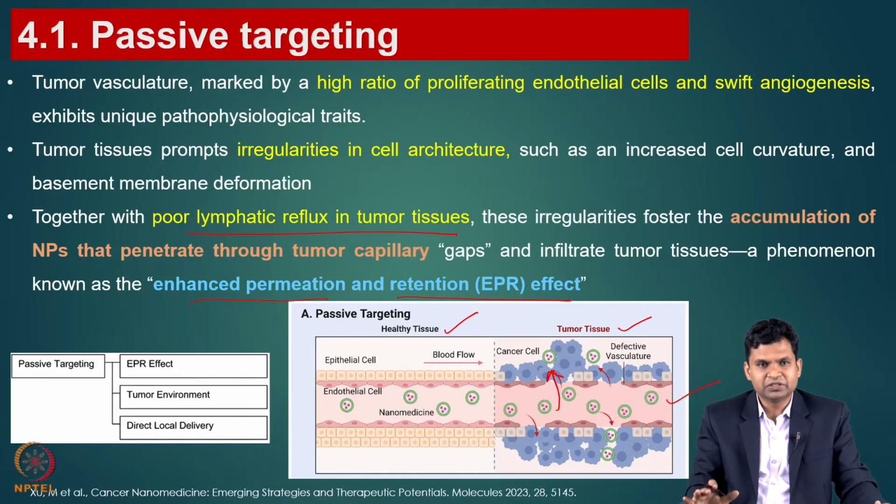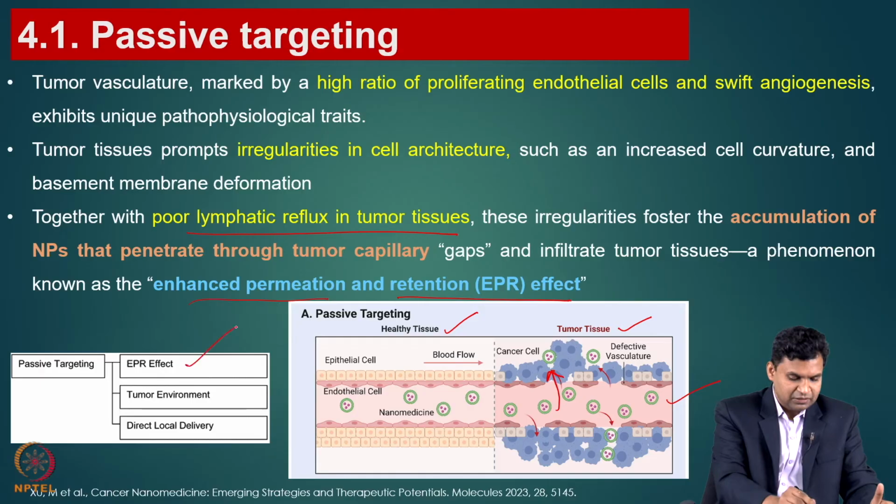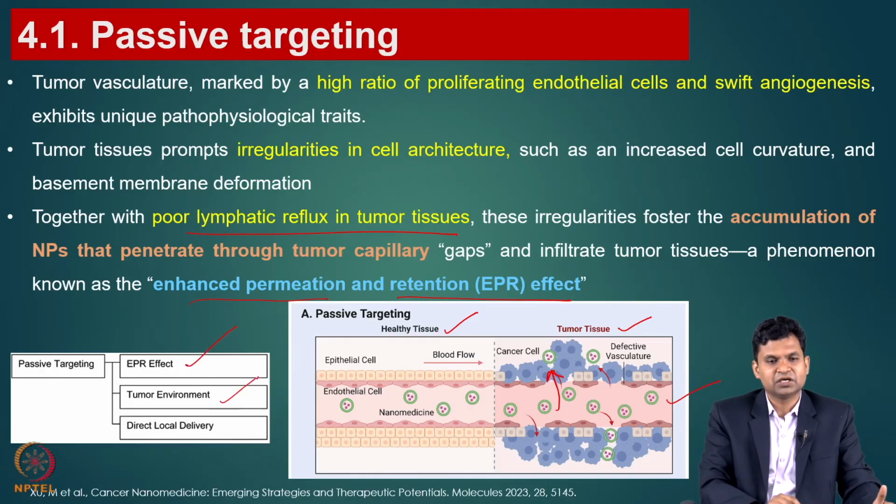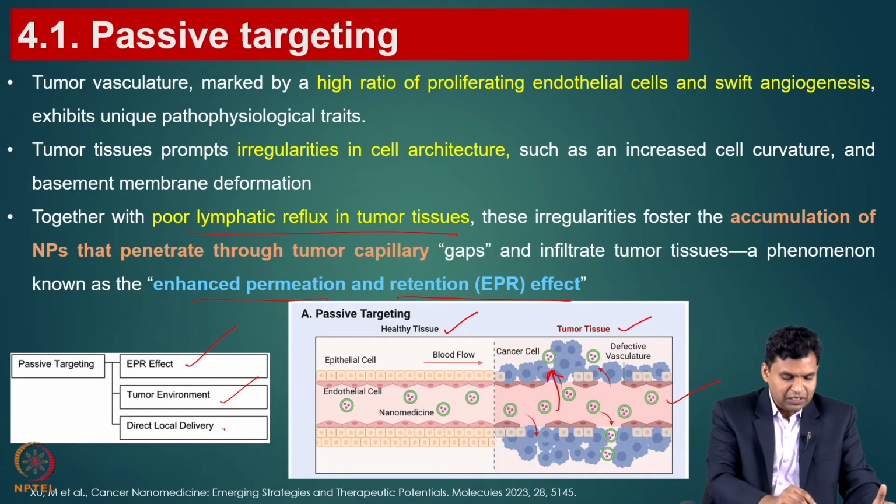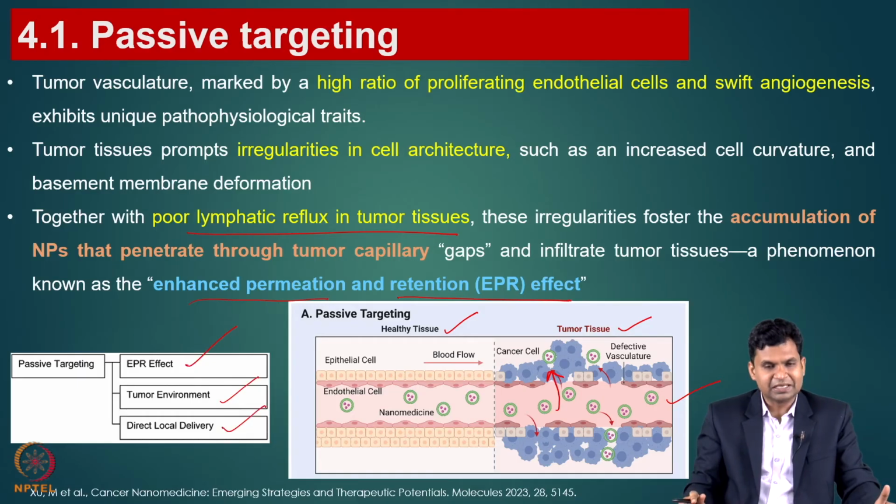So, that is the beauty of passive targeting, and this passive targeting can be achieved by the EPR effect, also based on the tumor environment, and also by direct local delivery.